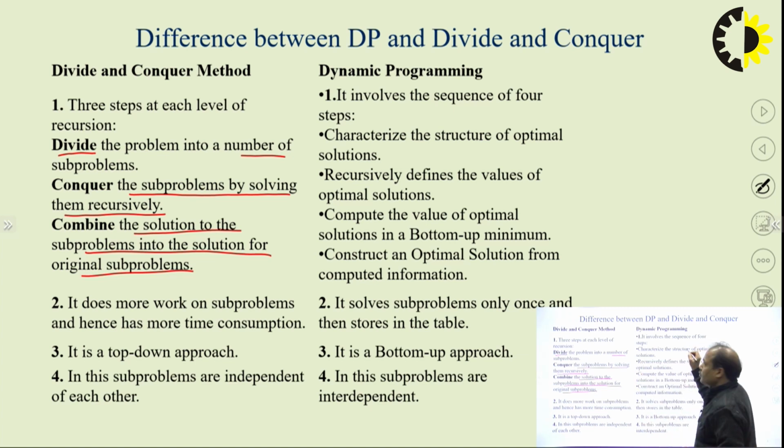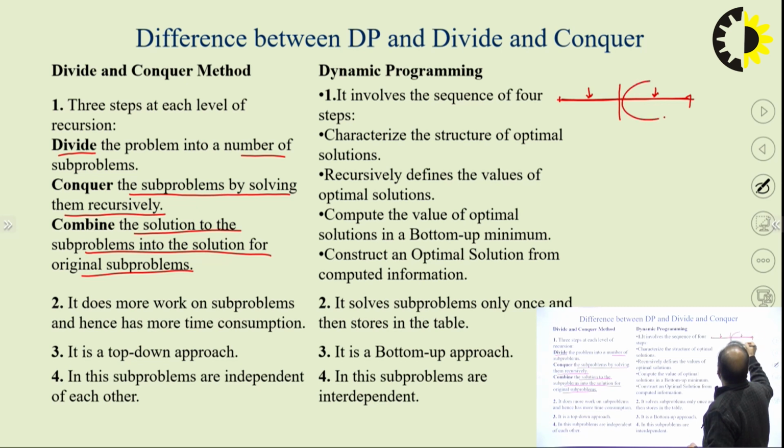Suppose in merge sort we divide a problem into halves and solve the left part and the right part. This part does not depend on that part; they can be solved independently, and later the solutions can be combined to give the solution to the overall problem.